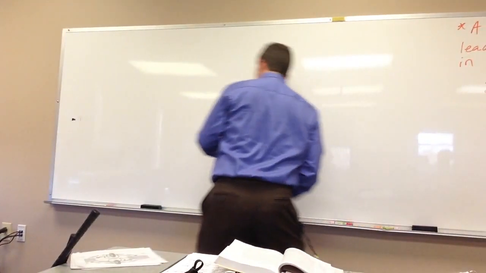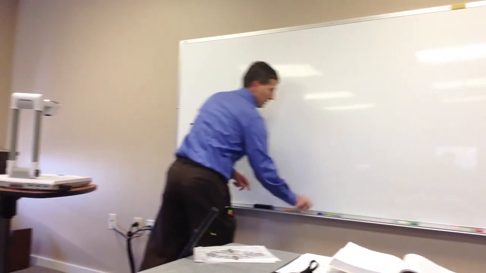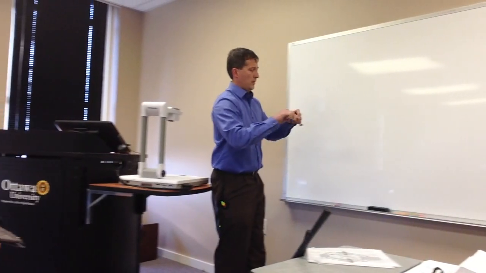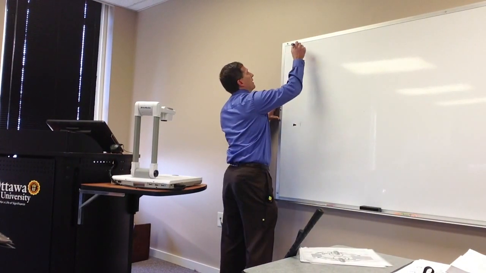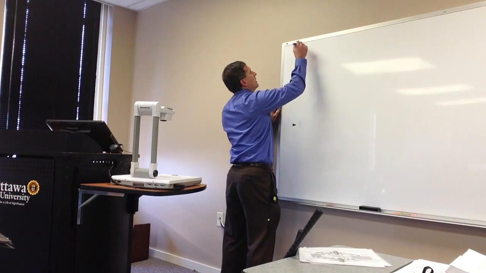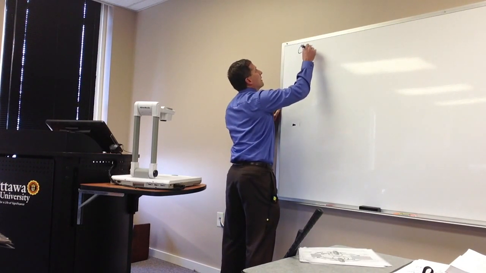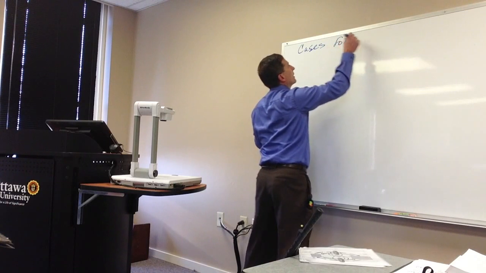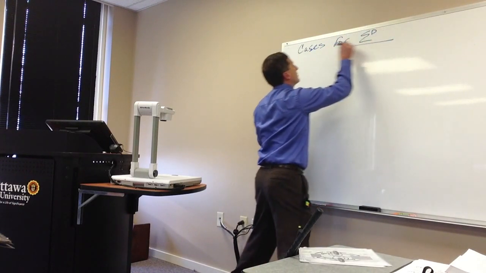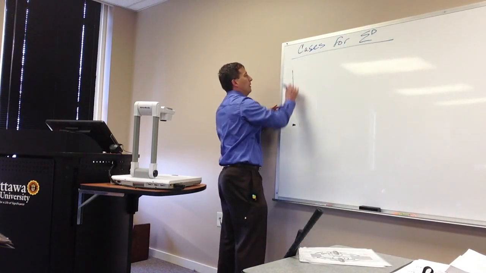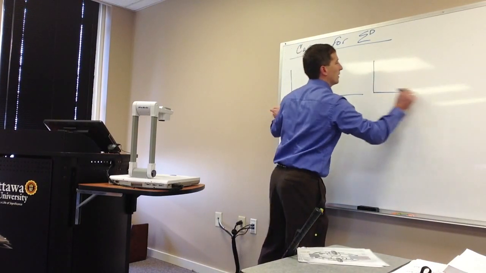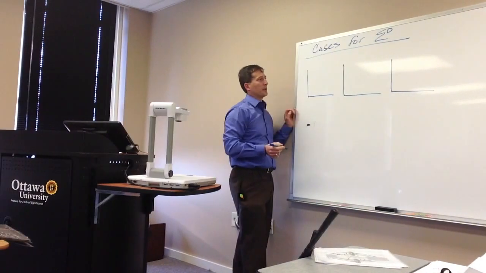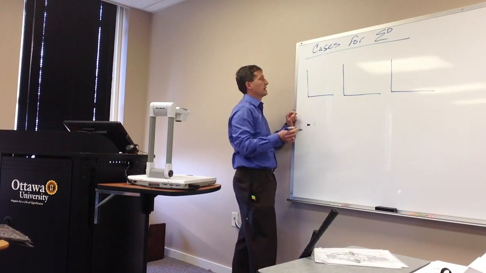Before we do that example, I want to think about some different cases for elasticity of demand. We're going to just put three little tiny graphs all side by side.